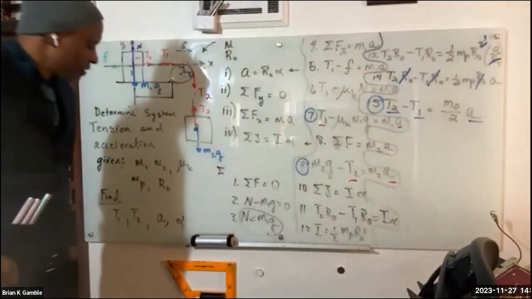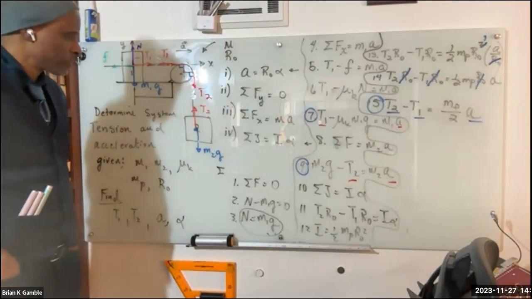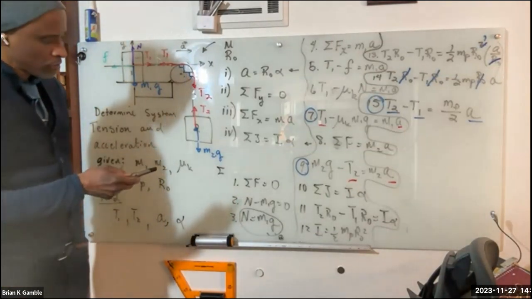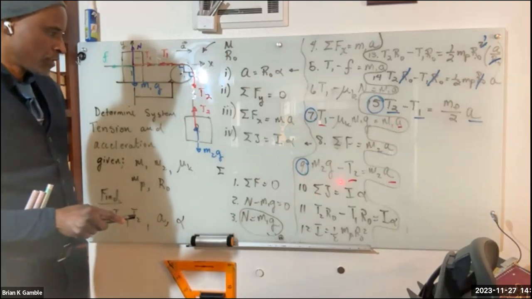I'll knock this off for you, and then I'll set up another one. My method would be to substitute equations 7 and 9 into 15. I have to adjust 9 a little bit.